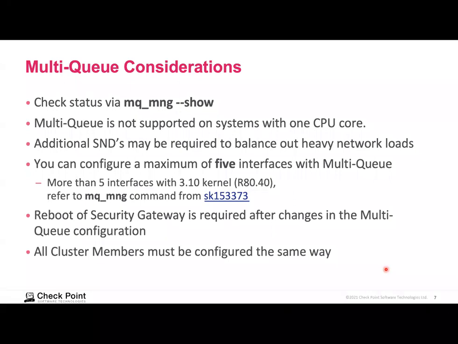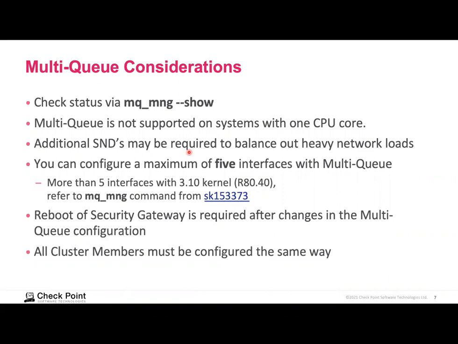Probably the most important thing to note, and this is from my real-world experience with multi-queue, is the note here that additional SNDs may be required to balance out heavy network loads. If we only have 2 SNDs to begin with, and they're already pretty overworked, multi-queue may not solve the problem by itself because we may just be spreading the load across 2 or maybe even 4 SNDs that are already highly worked.